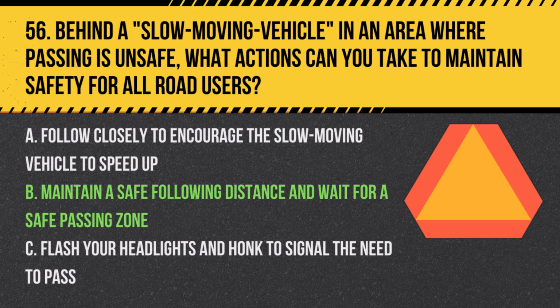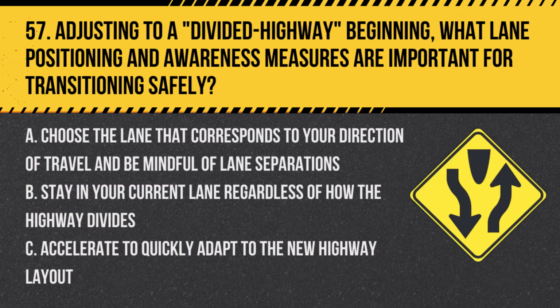Answer. B. Maintain a safe following distance and wait for a safe passing zone. When unable to safely pass a slow-moving vehicle, keeping a safe distance is crucial. This reduces the risk of accidents and allows time to react to any unexpected stops or turns by the slow-moving vehicle.